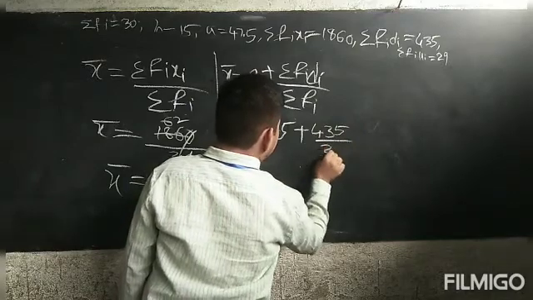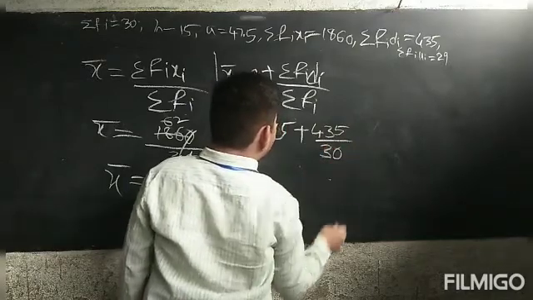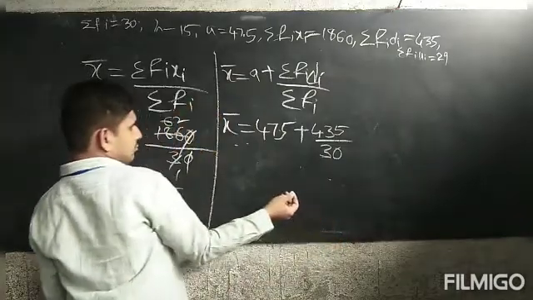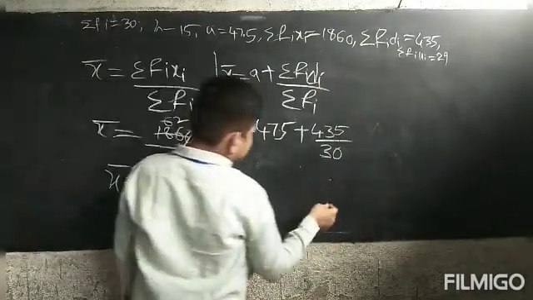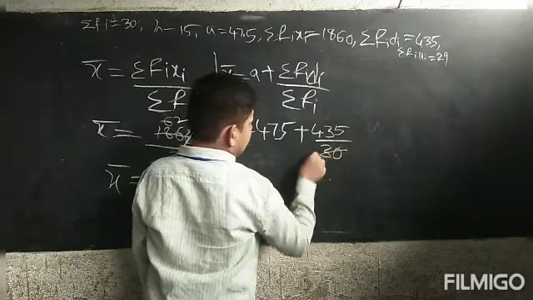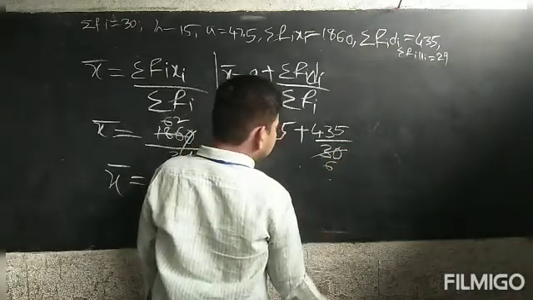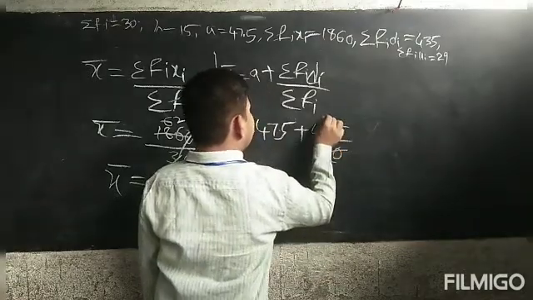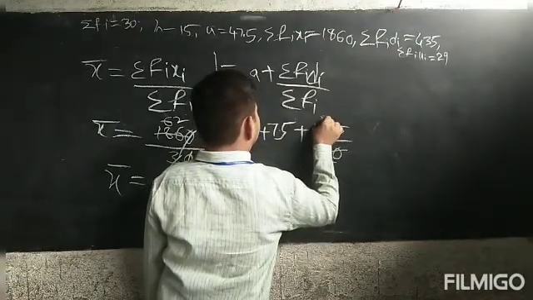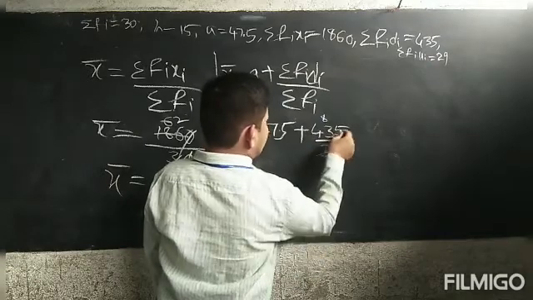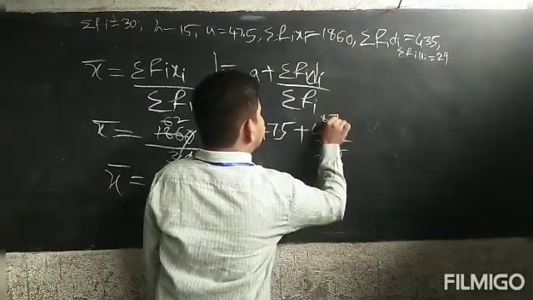Now what do we have to do? We have to cut first 30. 5 3s are 15, 3 5s are 15, 3 7s are 21.